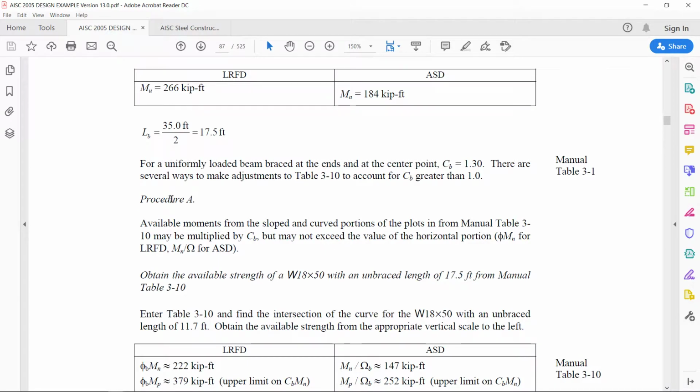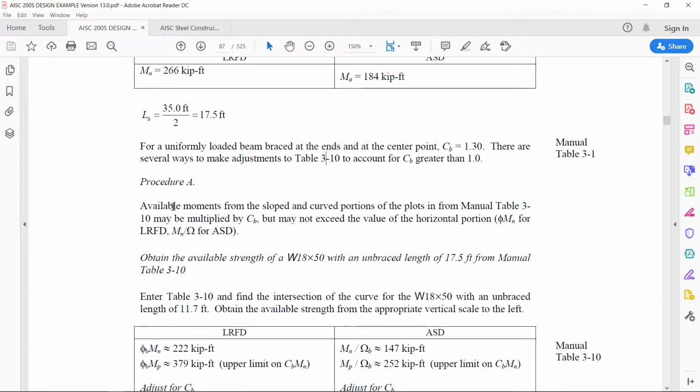Rather, they discuss two procedures, procedure A and B, but we will discuss procedure A. This is that the available moments from the sloped and curved portion of the plots from table 3-10 may be multiplied by CB, but may not exceed the value of the horizontal portion, that is Mp times 0.9 for LRFD, and Mp over omega for allowable stress design. So we are interested in Mn, or the nominal moment divided by omega.